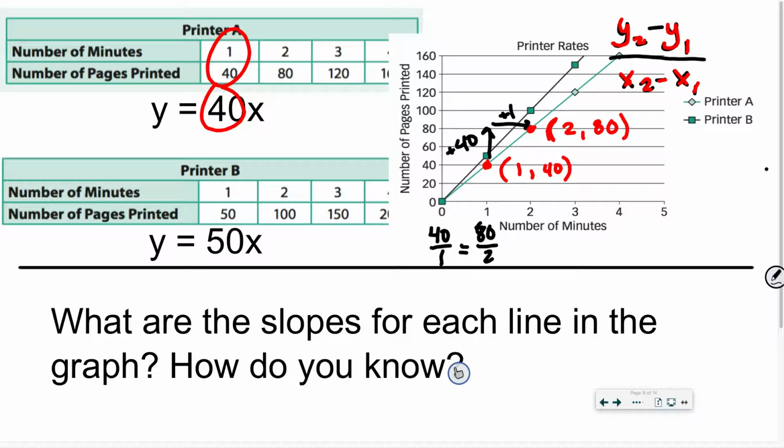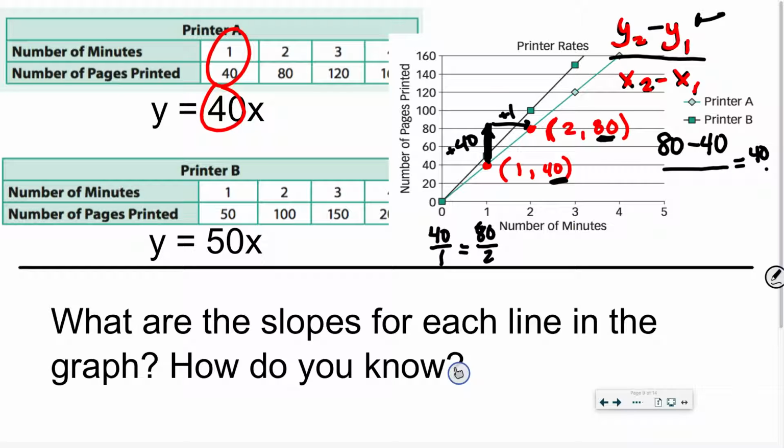We can use this formula though. The second y value here is 80. So I'm going to take the difference between 80 and 40, which is 40. And that's just a mathematical way of finding the difference between these two y values, which represents our rise.